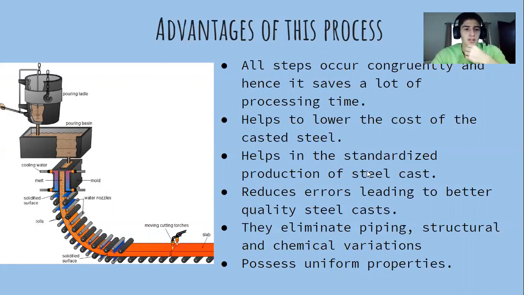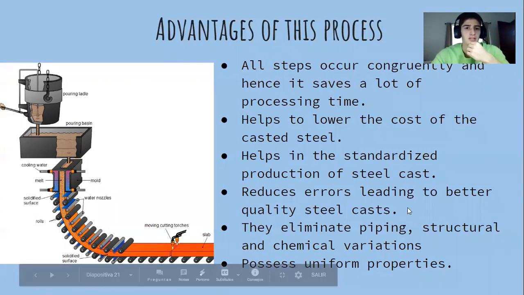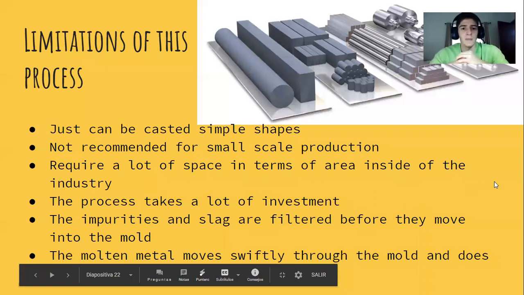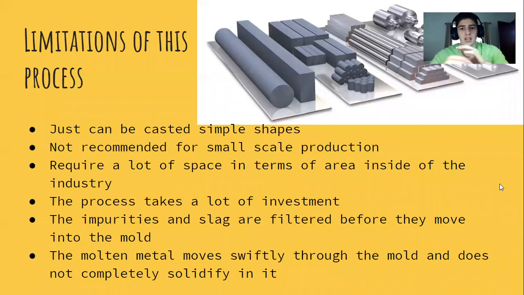Now, continuing to the limitations, we have that it can only cast simple shapes, as we can see in the image. It's just tubes or rectangular shapes.